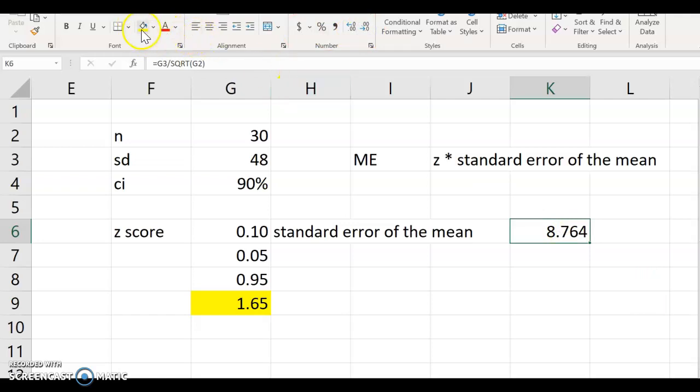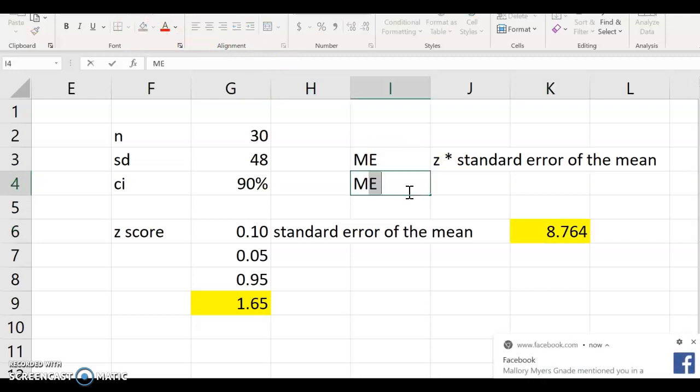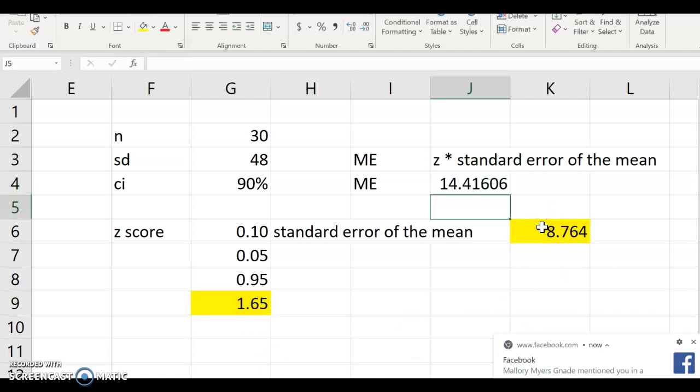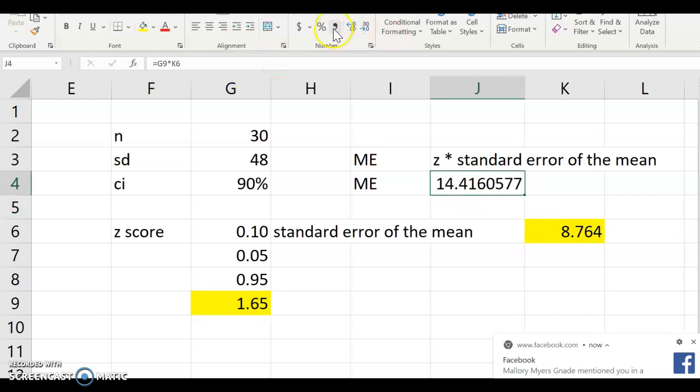Okay, so now you have both your numbers. So your margin of error is equal to z, 1.65, times your standard error of your mean, 8.764. And then your final answer, you want to round it to 2 decimal places.